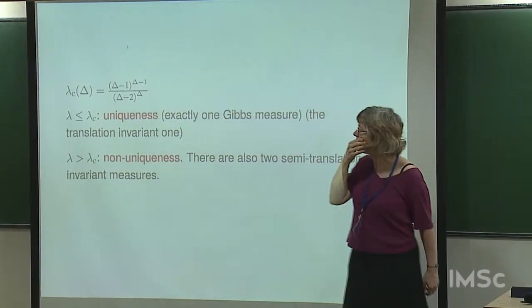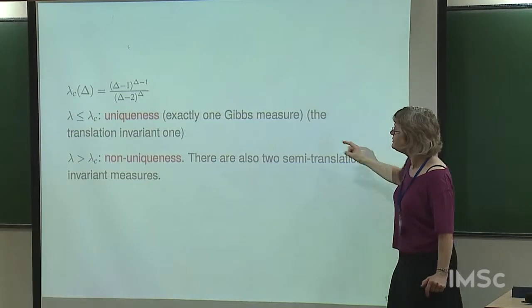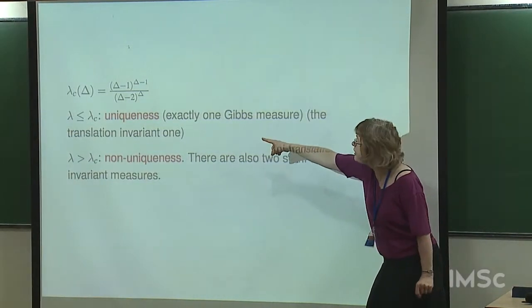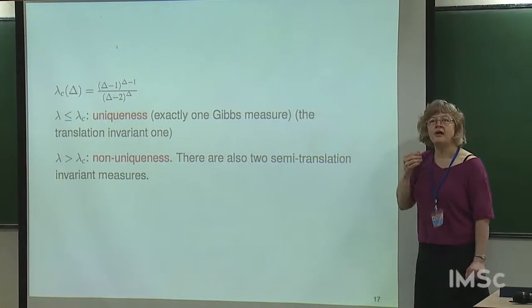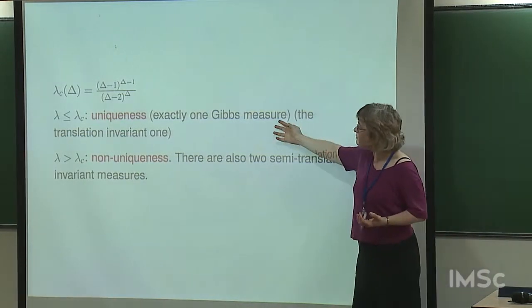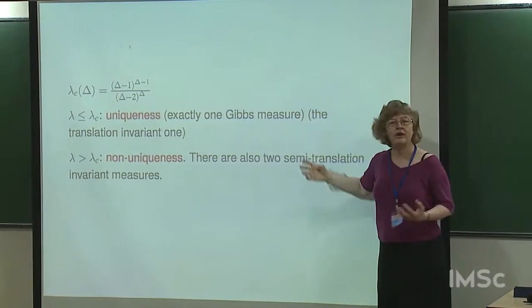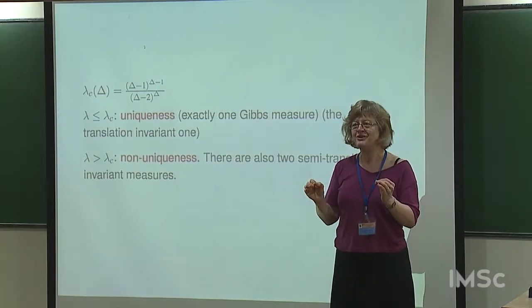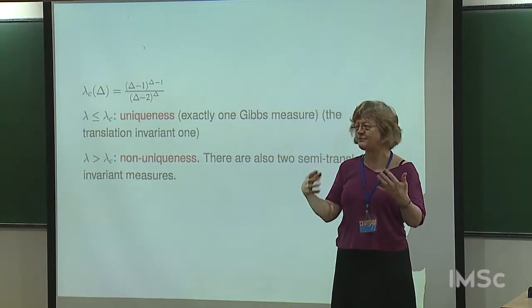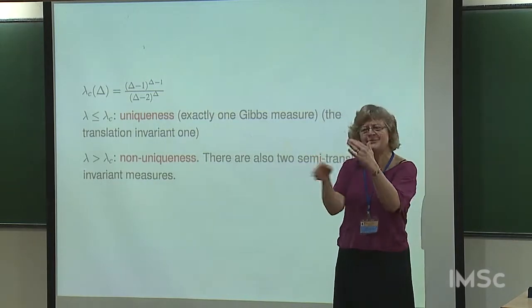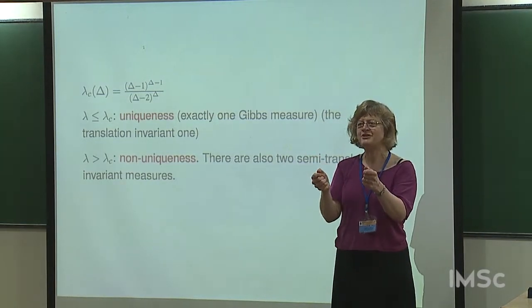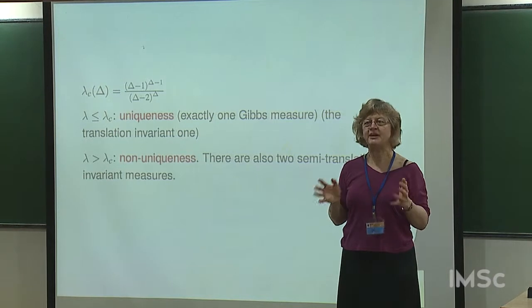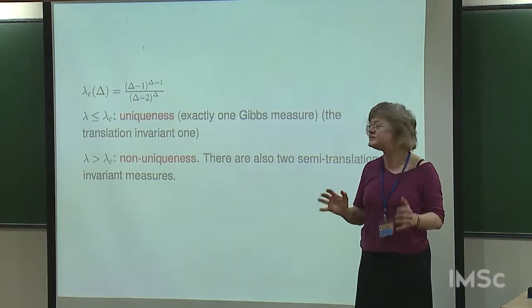And if lambda is below that critical value, then we're in a world which is called uniqueness. What uniqueness means is that there's exactly one Gibbs measure, and it's the one where every vertex has the same probability. So that simple equation I showed you first, that's the only Gibbs measure that exists.